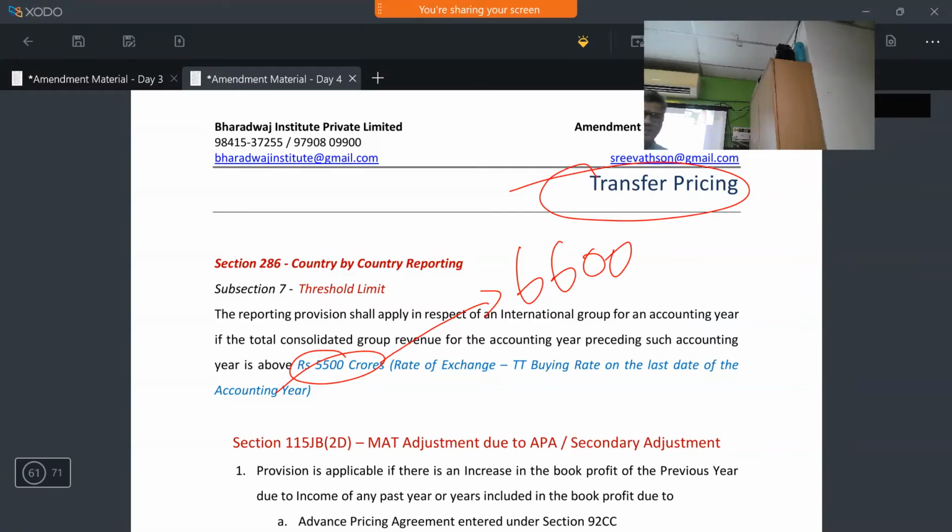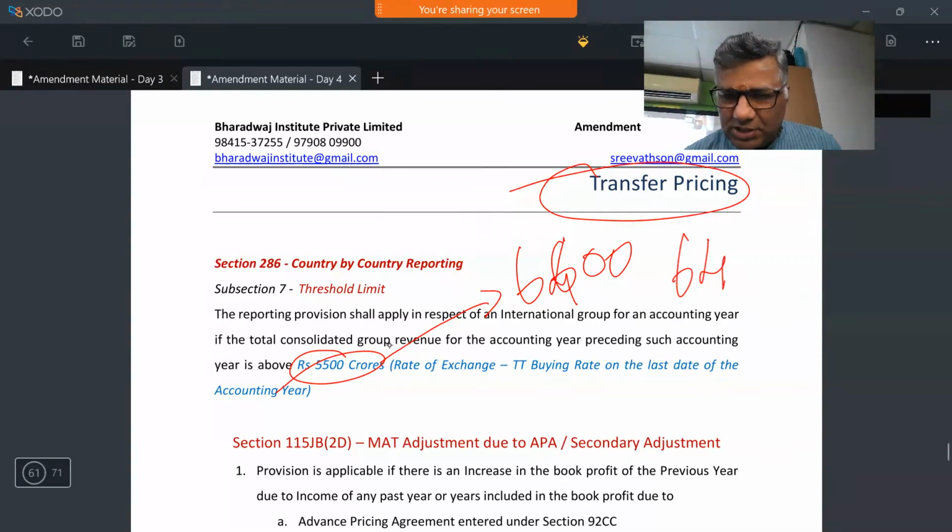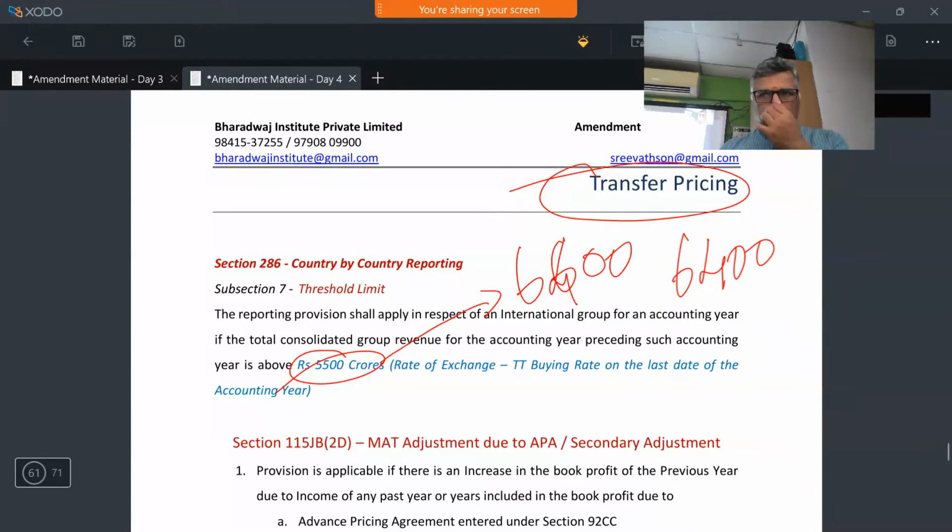Very recent amendment. The 5,500 has become 6,400 crores. For country by country reporting, CBC reporting, that limit changes because of currency fluctuation. This is not an amendment to give you any improvement. Currency has fluctuated. Two years back it was 5,500.